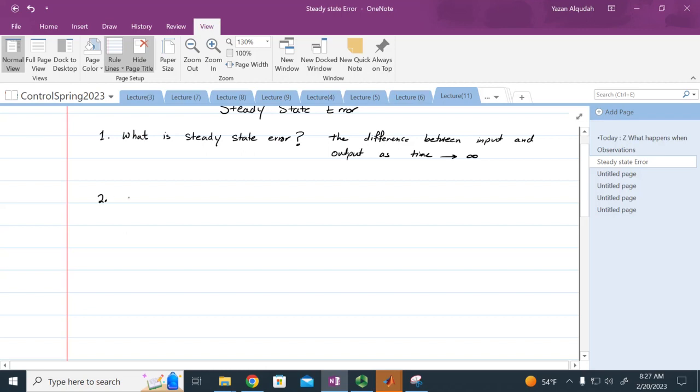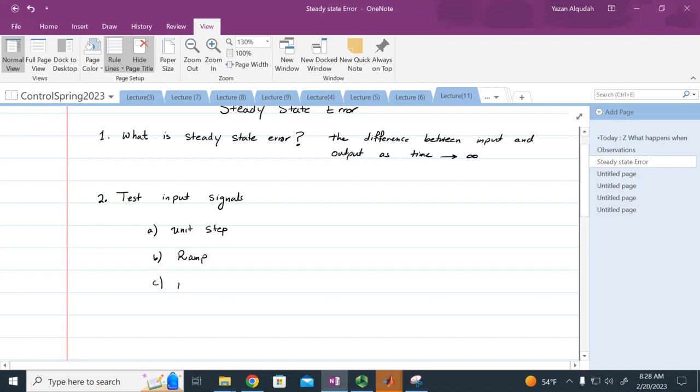Now, the test signals that we're going to be considering the steady state error for are the following. So the first is the unit step. Second is the ramp input.